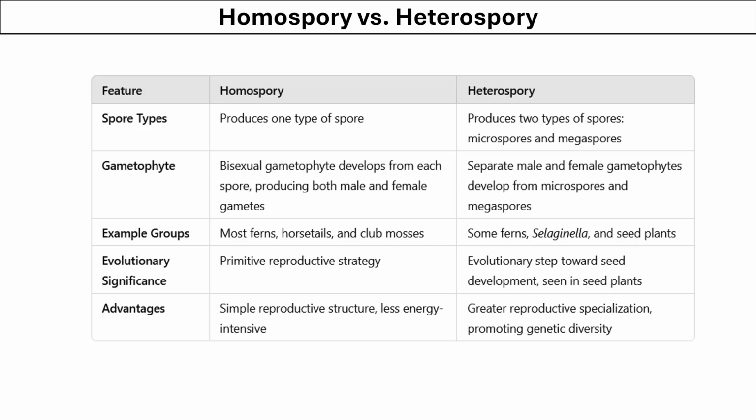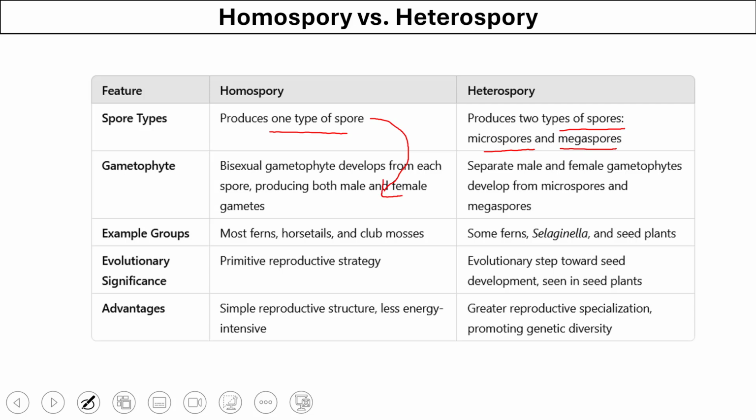Let's look at the comparison of homospory and heterospory. Homospory is the process in which one kind of spore is produced, and in heterospory two kinds of spores which are distinguishable from each other are produced. These are microspores and megaspores. So the same kind of spore will end up forming a gametophyte which is bisexual, that will produce both kinds of gametes.